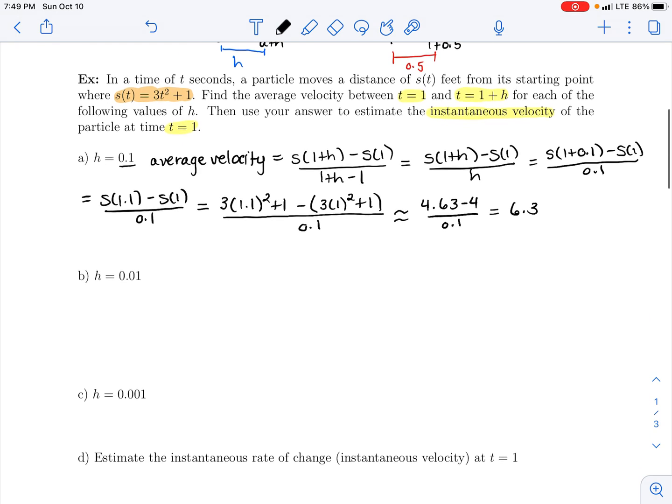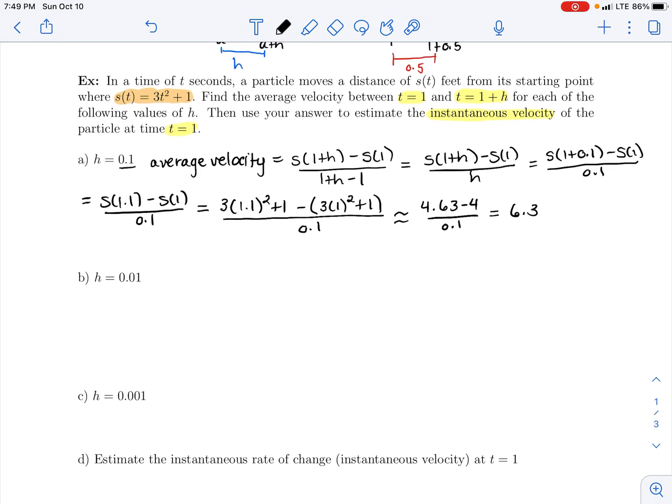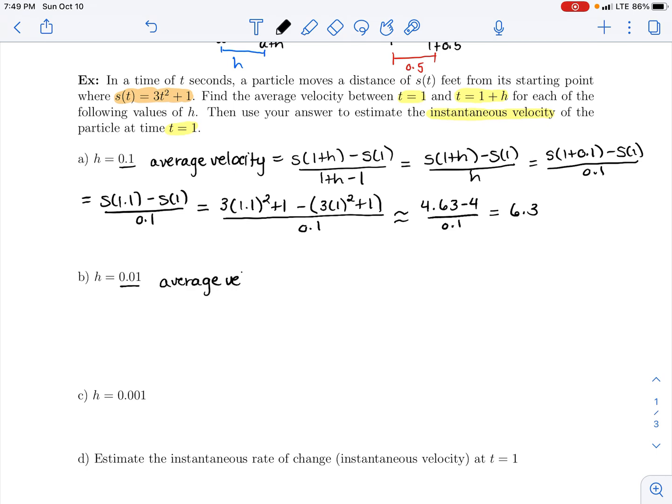Okay, so now you want to do the same idea, but now see how I'm using a different h value here, and see how much smaller it's getting, right? It's getting very, very close to 0 because it's just getting smaller and smaller. So now when I copy this exact process and I try to find the average velocity again, I'm going to be using s of 1 plus h minus s of 1 all over 1 plus h again, minus 1.